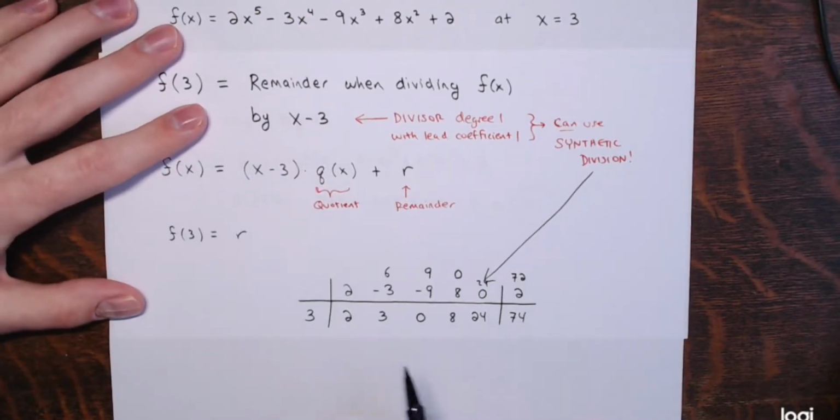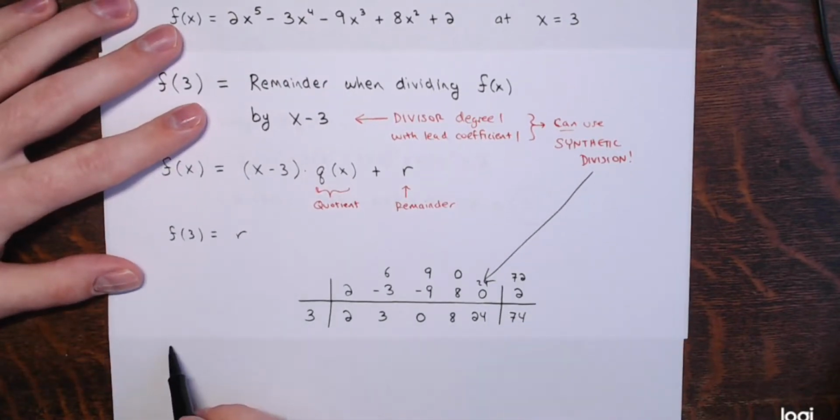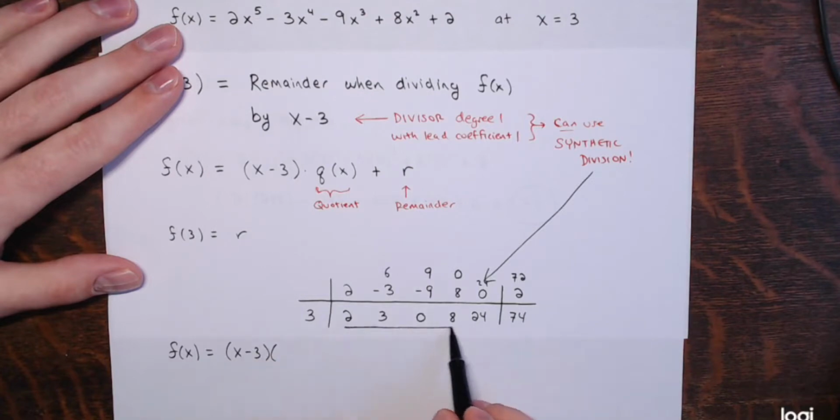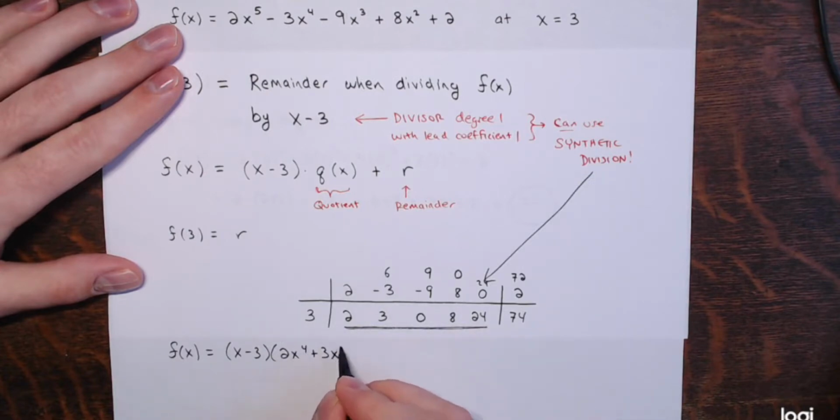So from this line, if you remember this from last time, that means f of x is x minus 3 times the quotient, which would be a degree 4 polynomial, in descending order: 2x to the 4th plus 3x cubed plus no x squared plus 8x plus 24. Don't really care about that. And then you got plus 74.